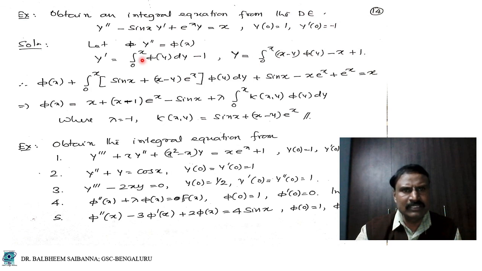We take the integral common, phi of y dy, plus sin x. Then plus sin x is multiplied by this y dash total term. Then minus sin x is multiplied with this also. What do we get? Plus sin x here. Then minus x e to the power of x. How do we get this? Here e to the power of x y is there.